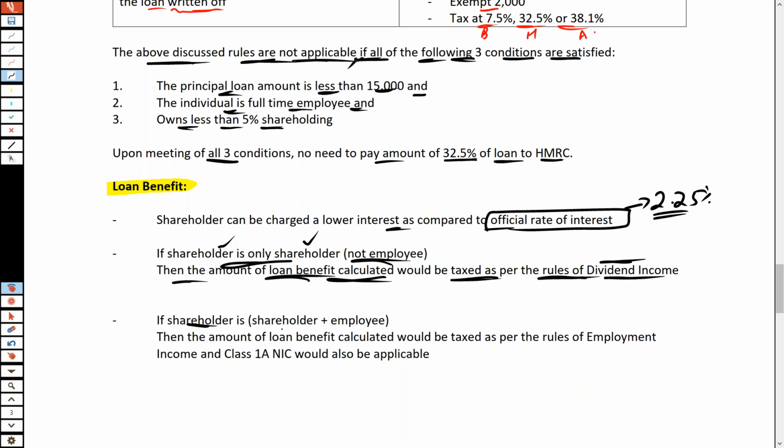But if the shareholder is a shareholder plus employee in that company, then obviously the loan benefit calculated would be taxed as per the rules of employment income, and class 1A employer NIC would also be applicable.